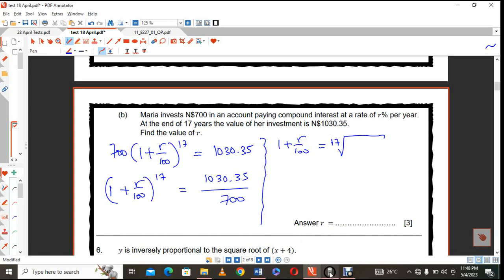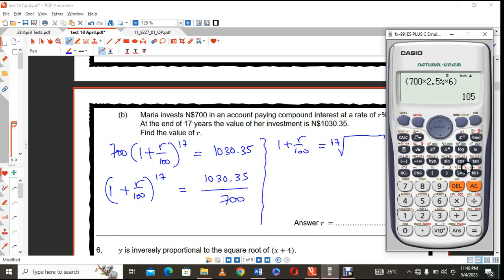So let's bring in the calculator and I can go ahead and say, okay, the 17th root, and make sure that you know where your root button on the calculator is. So it's somewhere over there. I'm looking for the 17th root and I come inside here. I have 1030.35 and that should be divided by 700.